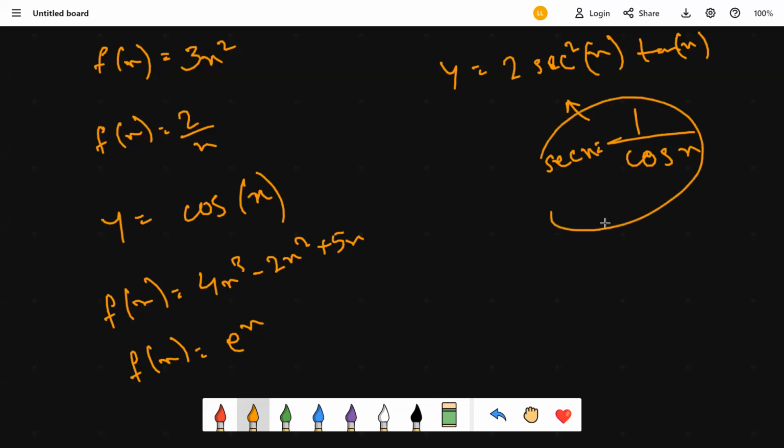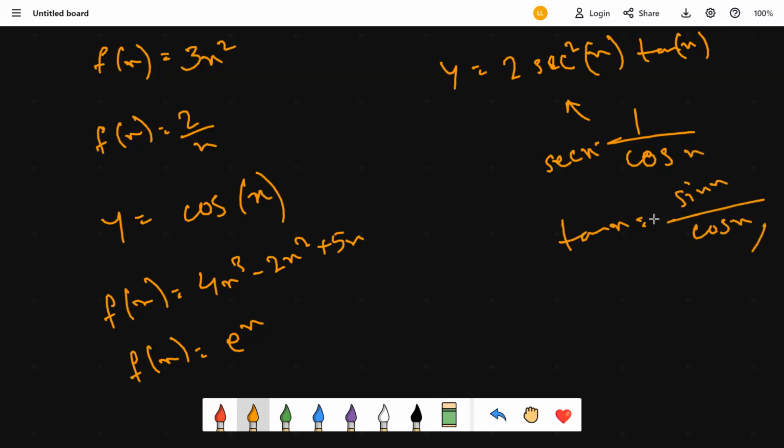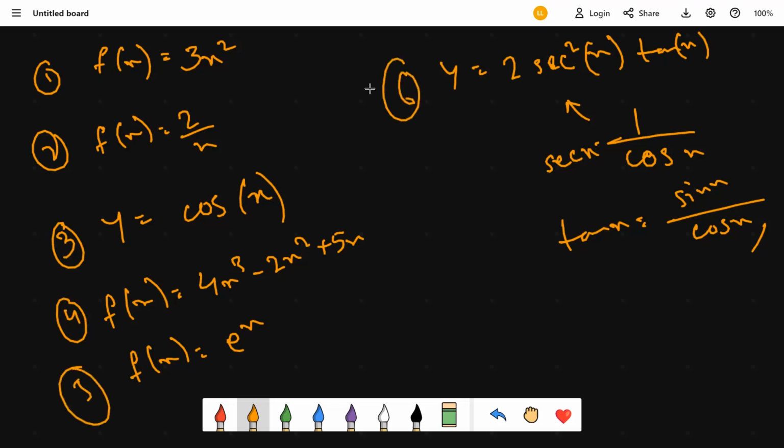So use that concept if you need to find your terms. And tan x is equal to sin x divided by cos x. These are some derivations, so you can use them to help you out. I've given just 6 examples.